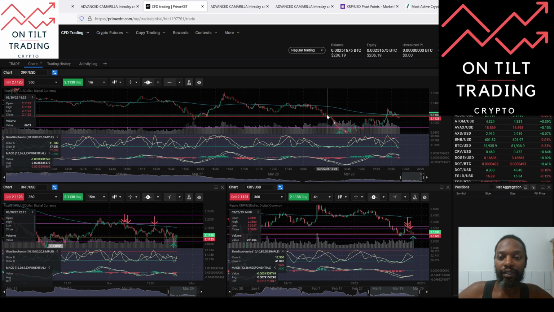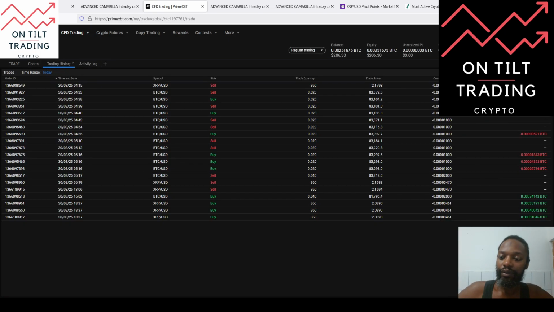So this trade was initiated this morning at 4:15. This is the add, this is the second add, and this is target being hit at 1837.